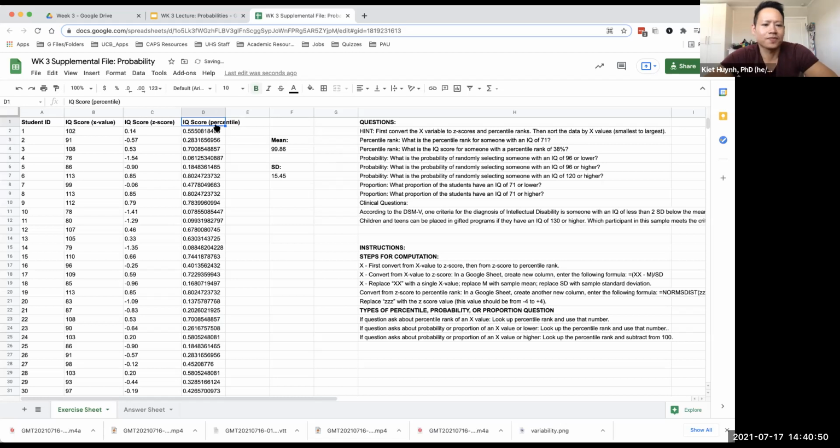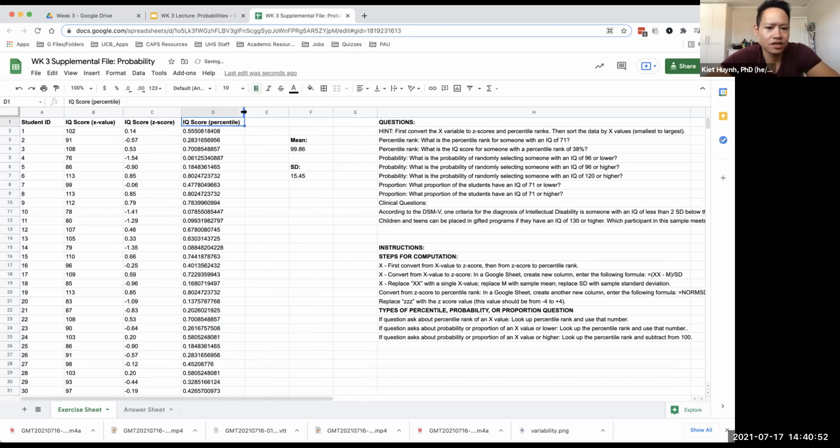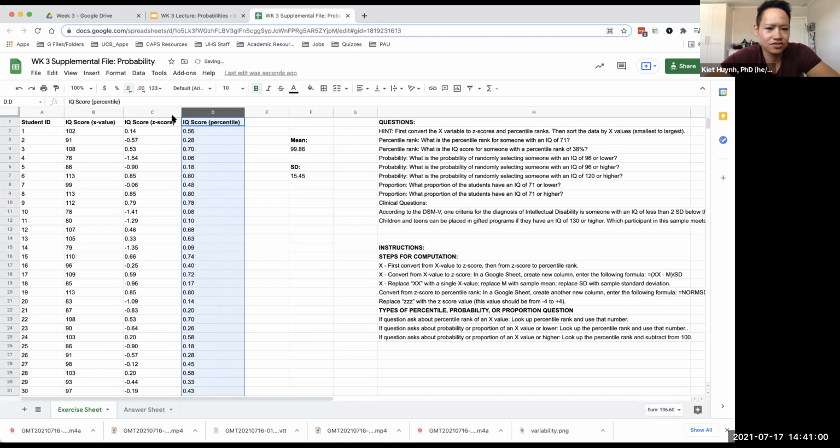Remember, we don't need this many decimal points. Let's bring it down to just 2. And since we're working with percentiles here, we can just click on the percent button and it converts the percentile into percentages for us. And we won't even need 2 decimal points because percentages use each whole number. Right, so now we did this step.